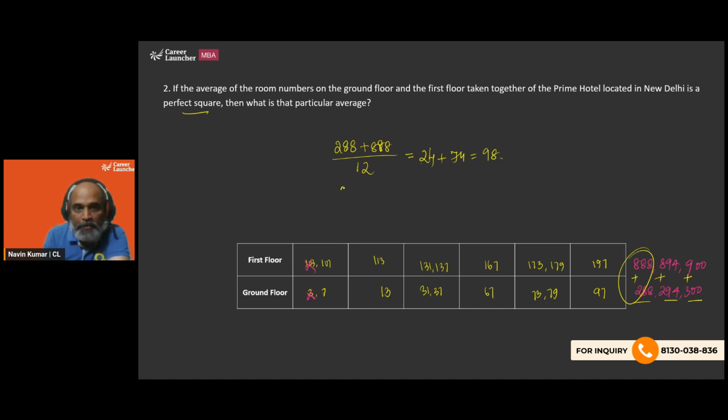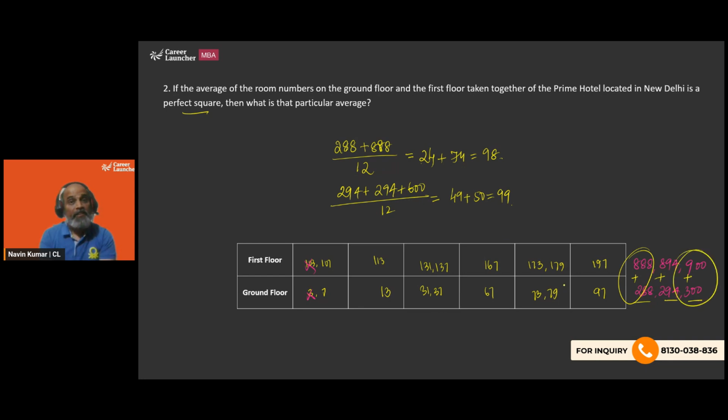If I do the same thing with 294, instead of 894 we can write 294 plus 600, the same thing that we did previously. So 294 by 12 is going to be 49 plus 50, which is going to give us 99, which is again not a perfect square.